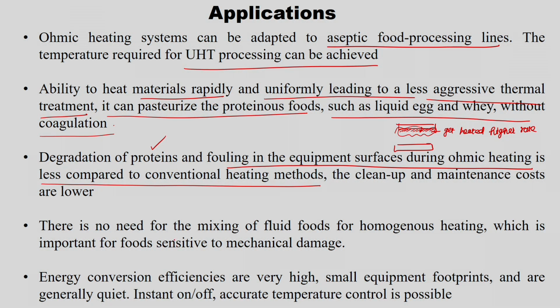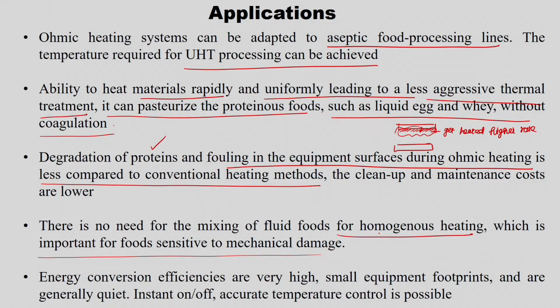There is no need for mixing of fluid foods for homogeneous heating, which is important for foods sensitive to mechanical damage. Normally in conventional thermal processing methods, if I use agitation, heat transfer will be enhanced. You might have seen that in a couple of lectures where we gave weightage to the agitation principle.